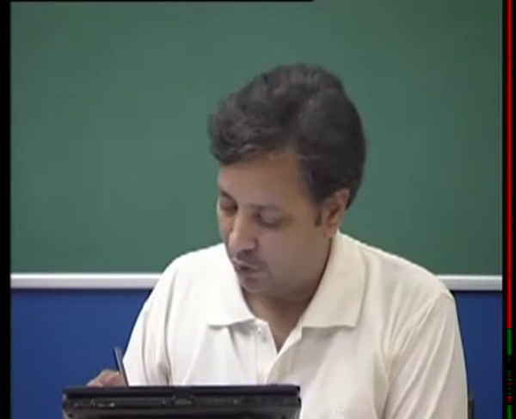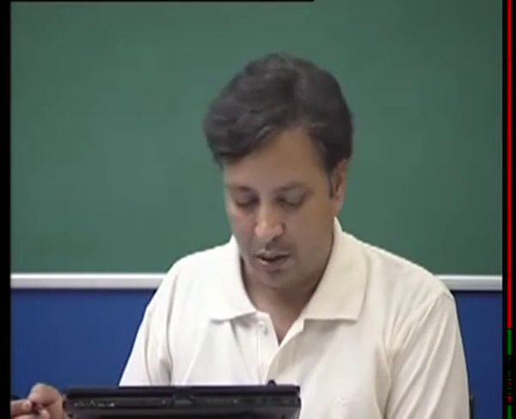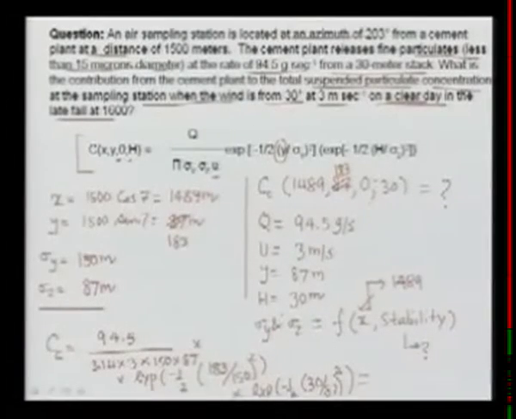If you run through this calculation, which you can, that comes out to be 3.4, as I did my calculation on the calculator. So 3.4 into 10 to the power minus 4 grams per meter cube.